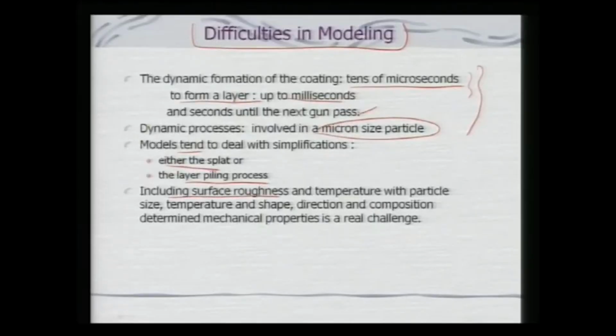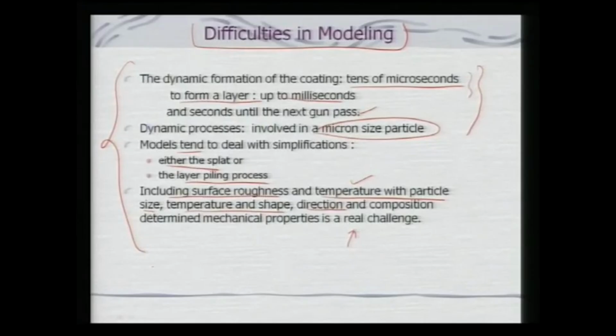It also includes certain roughnesses. We can have melting, we can have unmelted particles, and splat temperature is a variable, particle size is a variable, as are shape, direction and composition. So, there are so many variables inherent in modeling a splat to result in a coating. That makes the process very complicated and very dynamic, and creates difficulty in effectively modeling it.